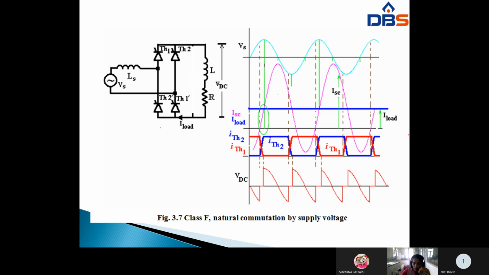Whenever the supply voltage is sinusoidal, the load current will be constant. At first thyristor 1 will not be conducting. Whenever we give a trigger pulse, thyristor 1 will be triggered and will conduct up to half of the negative half cycle.